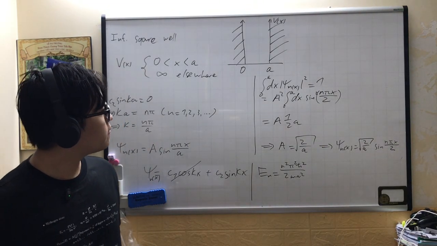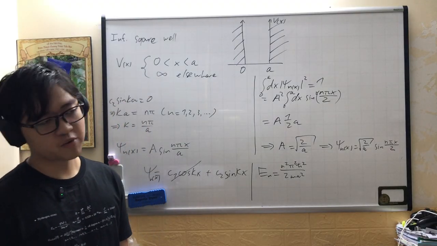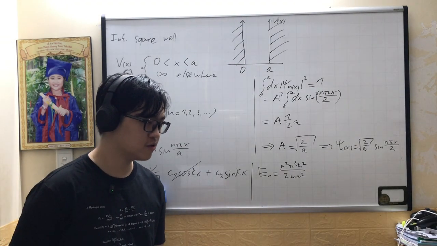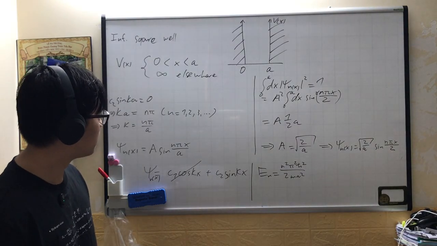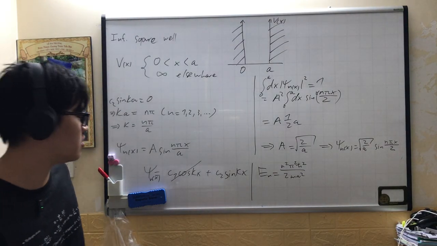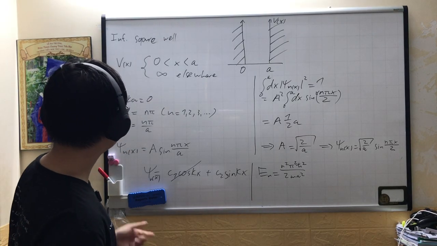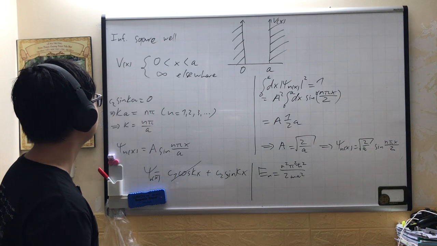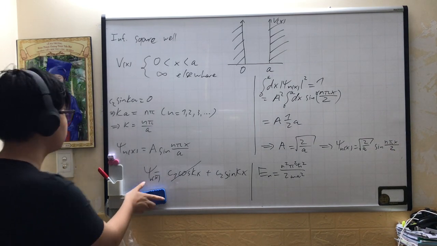And with the infinite potential square well, there would be a question that would ask you to graph the energy eigenstates. And I would like to do some demonstration for you to see. Okay, let's see which part I can erase. Okay, maybe this part.